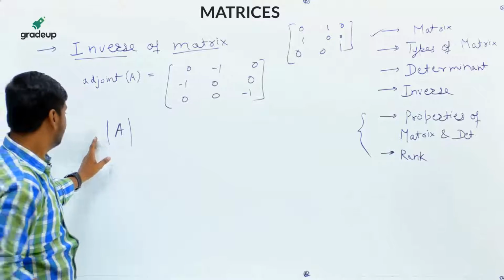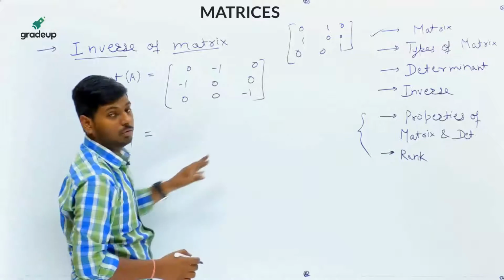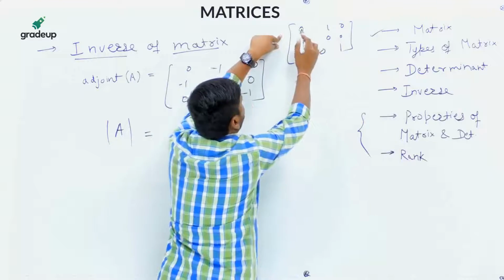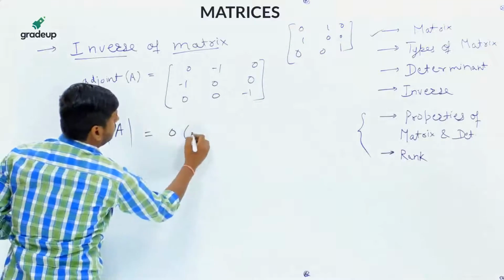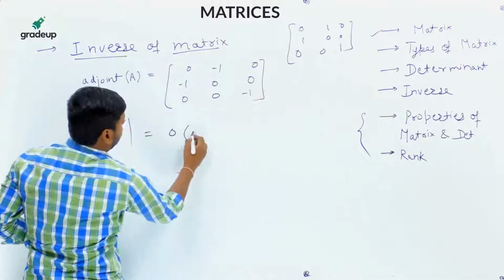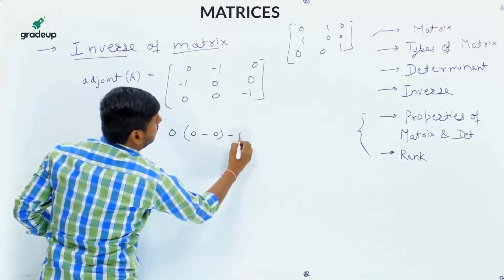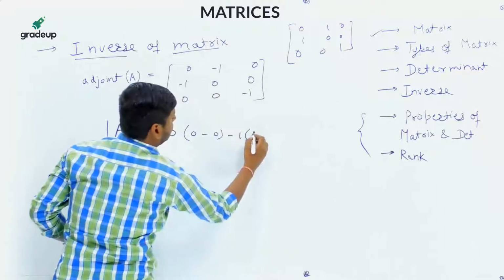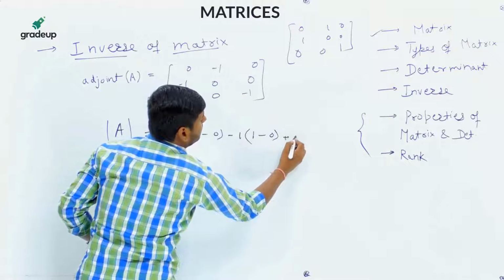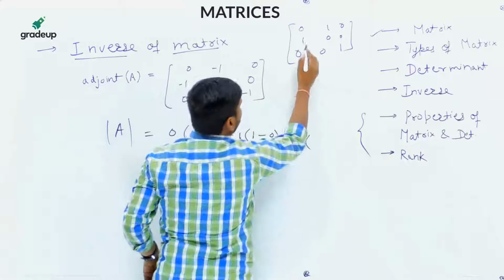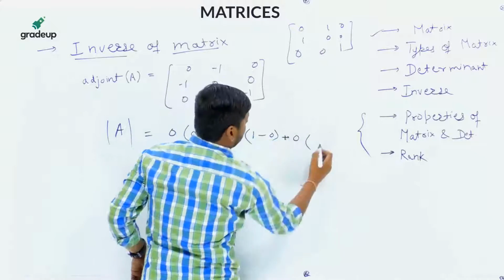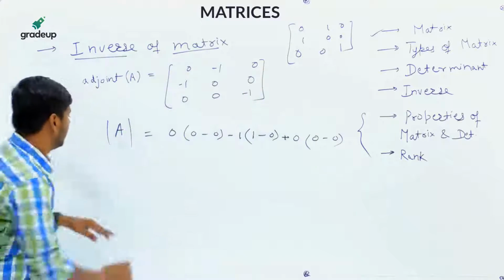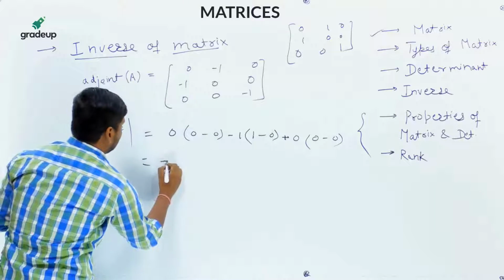The determinant, as I have already told you, we can find from matrix A. So we get 0 into 0 minus 1, minus 1 into 1 into 1 minus 0 into 0, so 1 minus 0, plus 0 into 1 into 0 minus 0 into 0. So the determinant of matrix A is equal to minus 1.